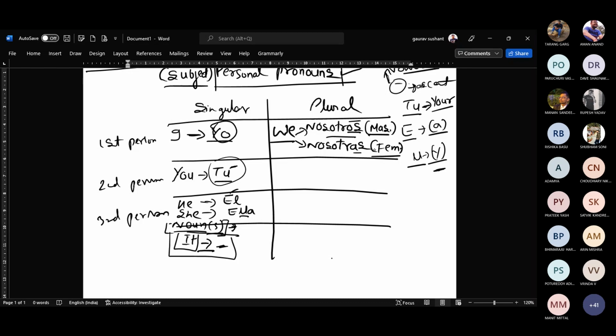It can be like 1 male and 9 female, or 9 male and 1 female. You do not segregate it into any other form, you consider it as a mixed group. You do not give priority to male or female, even if the number is not equally distributed. In that case also, if it is a mixed group, you will be using the same nosotros. So you have to keep that in mind.